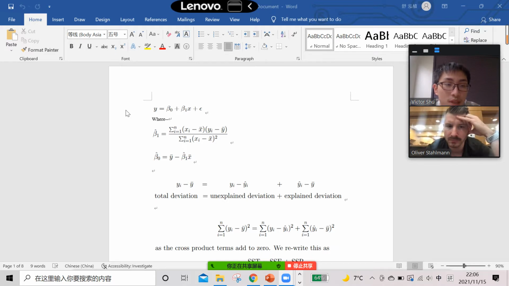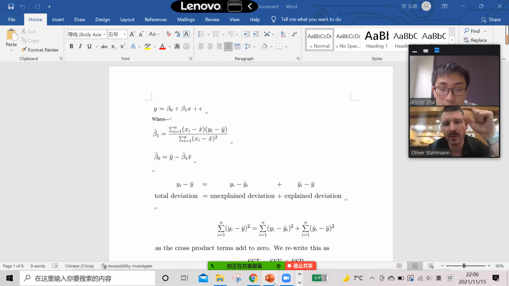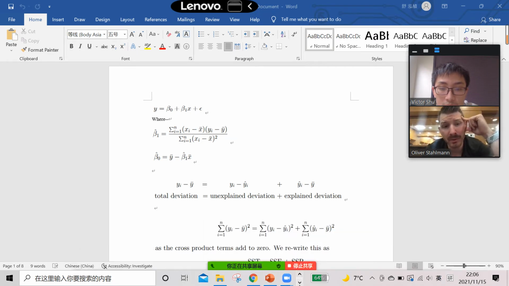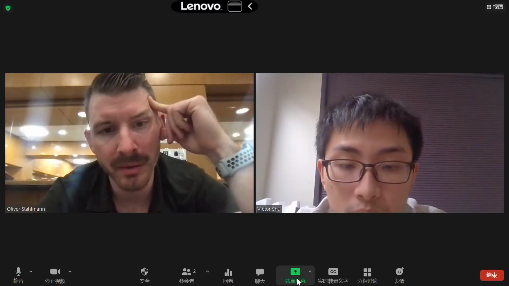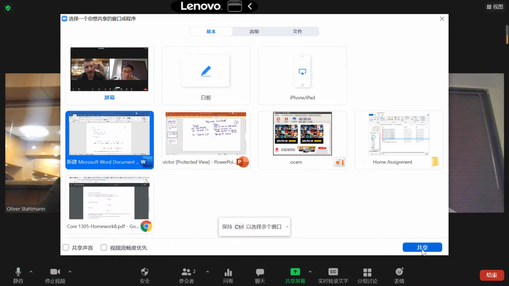That's how you prove that. So the goal is to go from the second formula, b1 hat equal to the sums, numerator over denominator, via algebra to b1 hat equal to the sum of wi and yi. Yes.